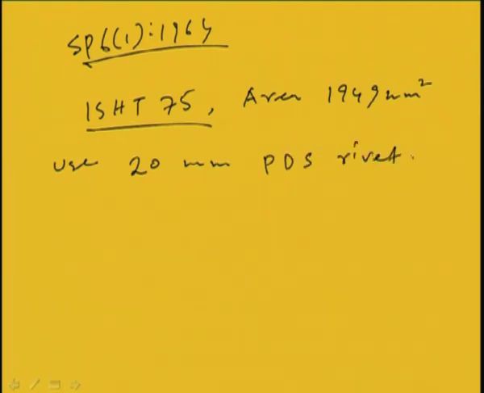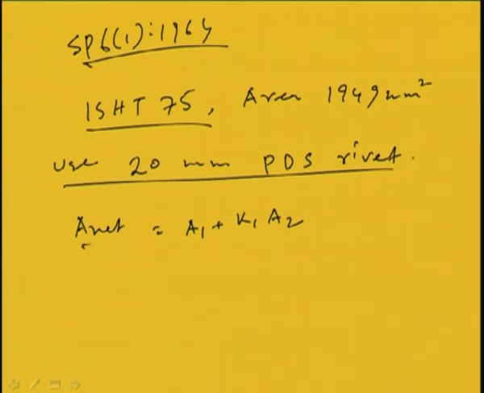Now in the next step we can find out the net area, which is basically A1 plus K1 into A2. So we can find out the net area now.